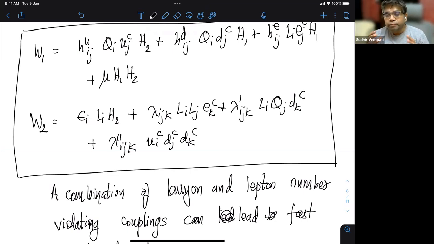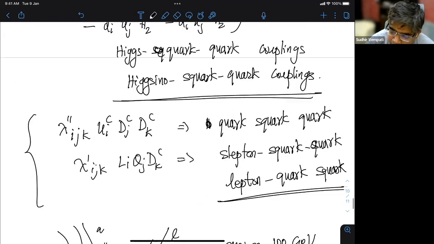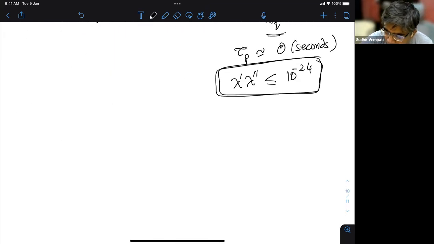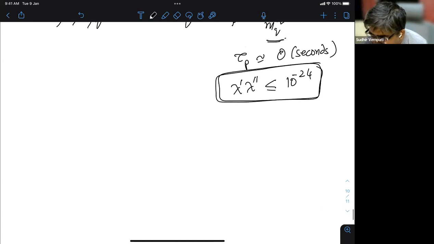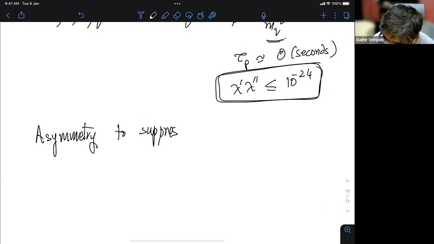So we need to think of some symmetries which suppress W2, because the presence of W2 will lead to fast proton decay, and it's disastrous. A symmetry to suppress W2 is called R parity.